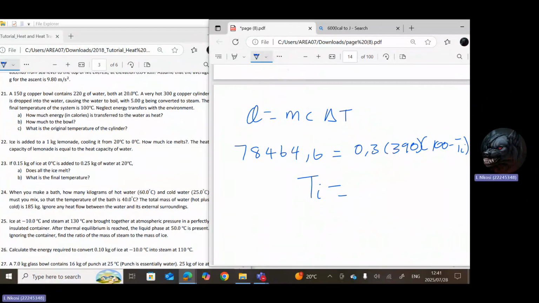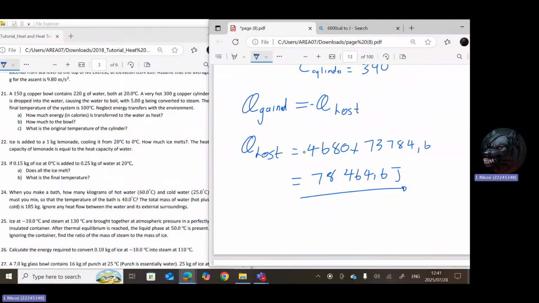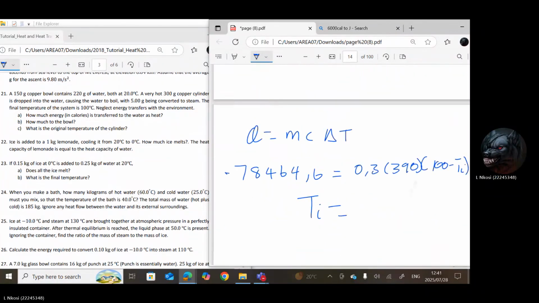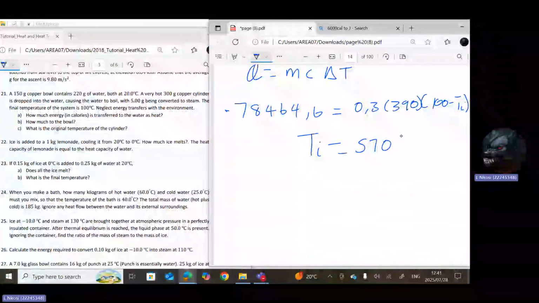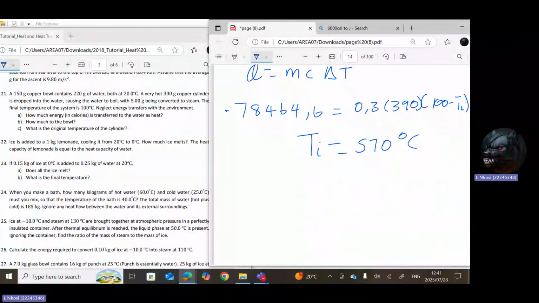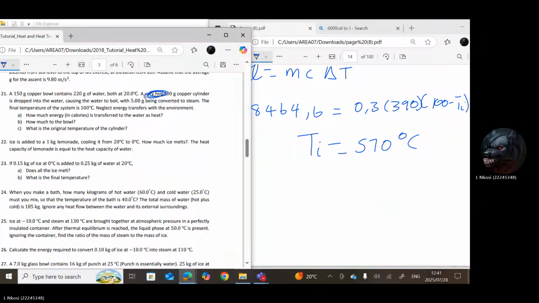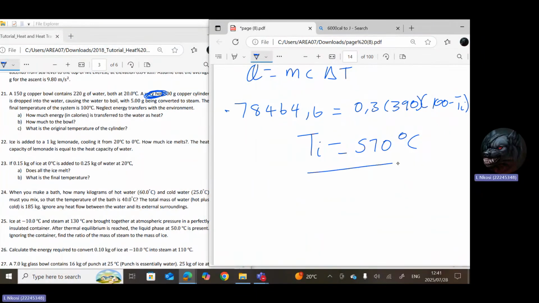Oh yes, I think you have to account for the negative here, because this is heat lost, so it's negative. The temperature is 570 degrees Celsius and the cylinder is very hot, so it makes sense. Initial temperature was 570 degrees. Very nice.